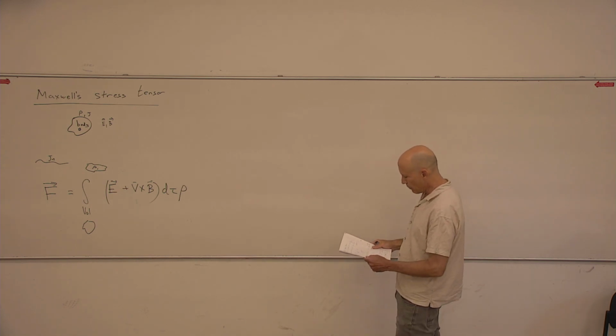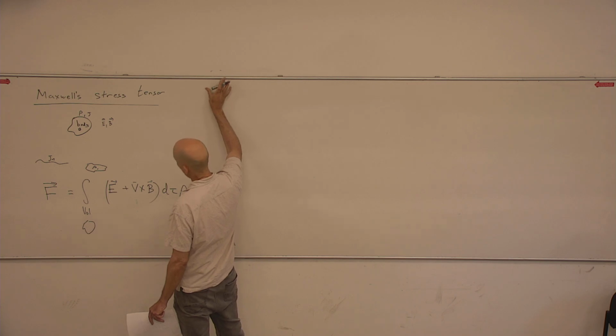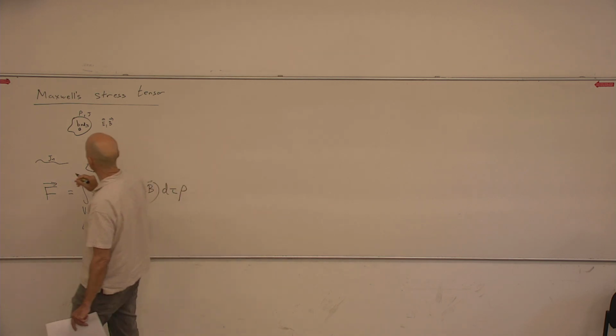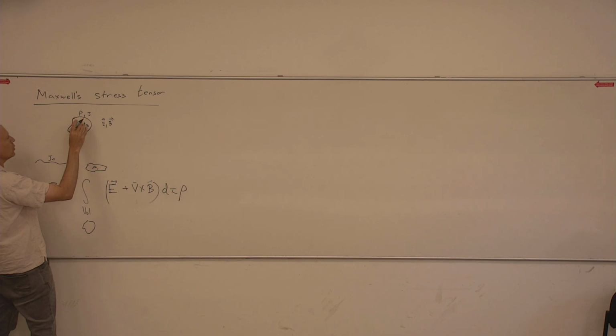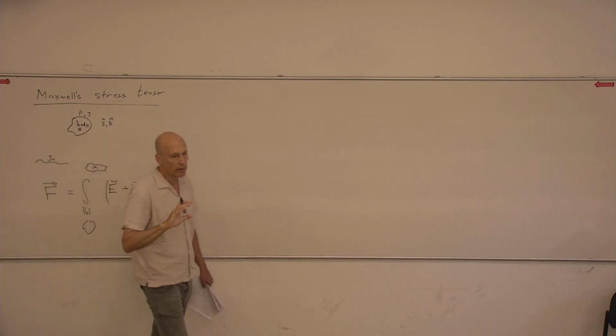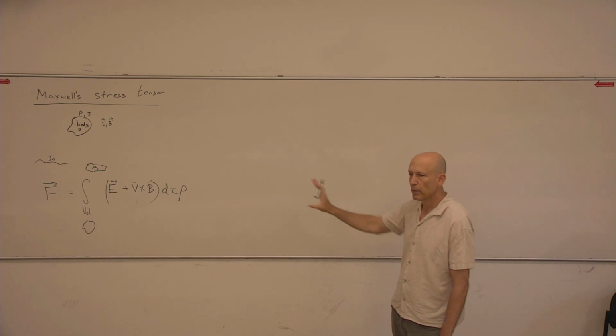Now, there is another issue. Why is this maybe not so pleasing? I need to go inside the body and find the magnetic fields and the electric fields. If I know them, fine, I can use this equation.